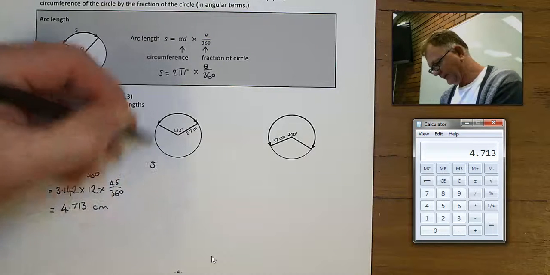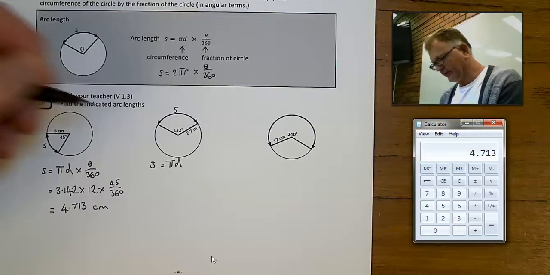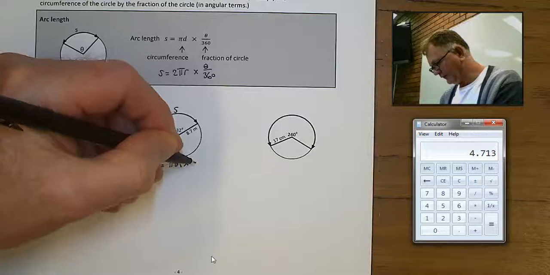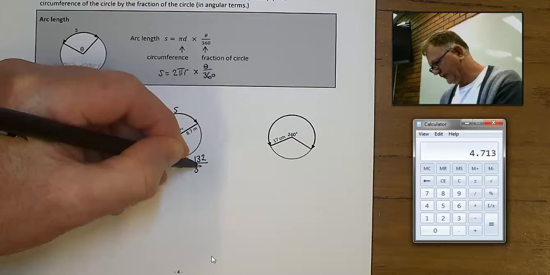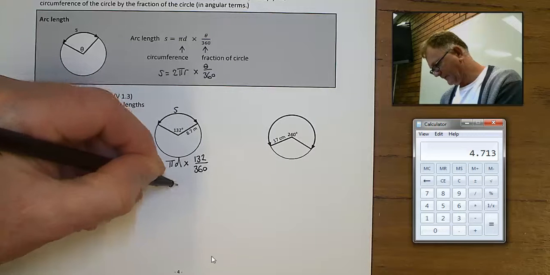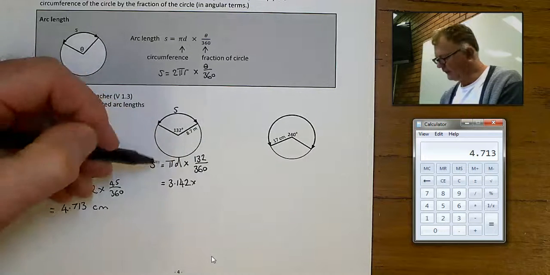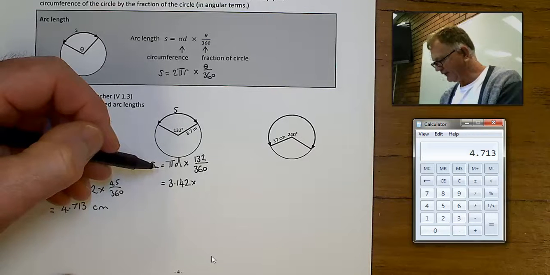Arc length S equals pi d, the distance all the way around that circle, times the fraction of the circle that we're dealing with, 132 out of 360 degrees in the circle. The diameter of this one will be double 8.7, which is 17.4.